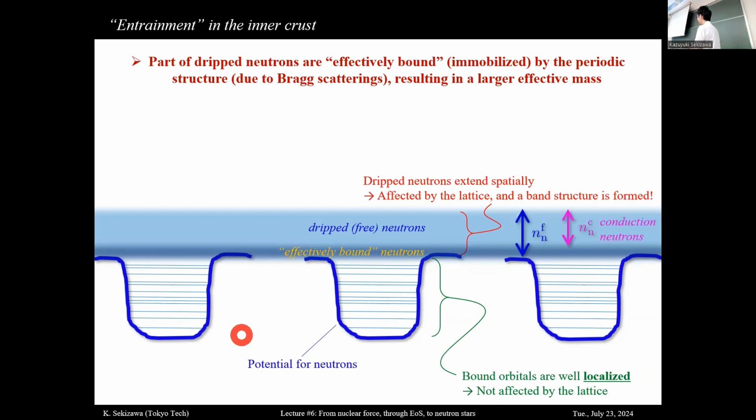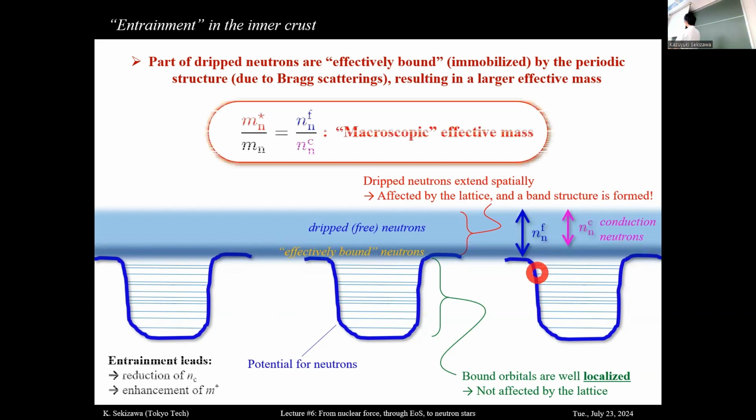So now we can quantify this entrainment effect by taking a ratio between the number density of drift neutrons and the number density of conduction neutrons that can actually flow, that can actually conduct. Okay. So by taking the ratio, we can define a kind of effective mass, the so-called macroscopic effective mass.